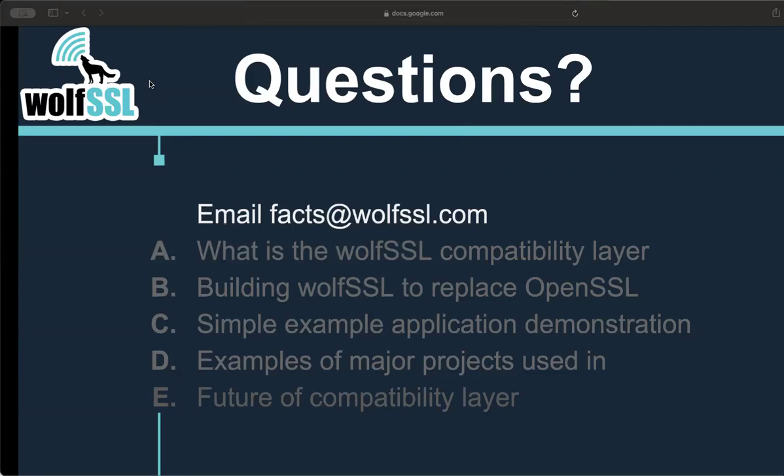Typically, we don't run into issues with different versions of OpenSSL trying to use the compatibility layer. I haven't seen very many. A lot of times it's the application looking for that OpenSSL version number to switch the way that they're calling the OpenSSL APIs.